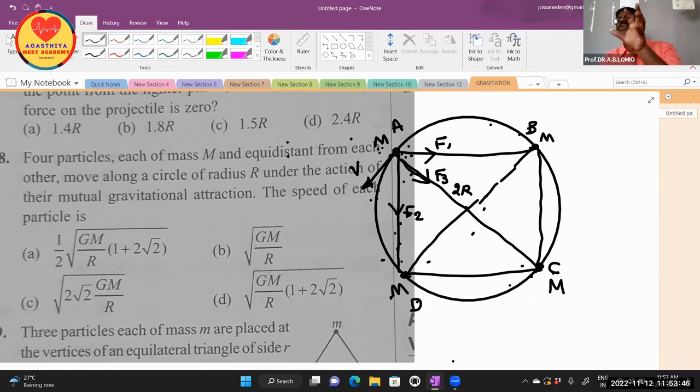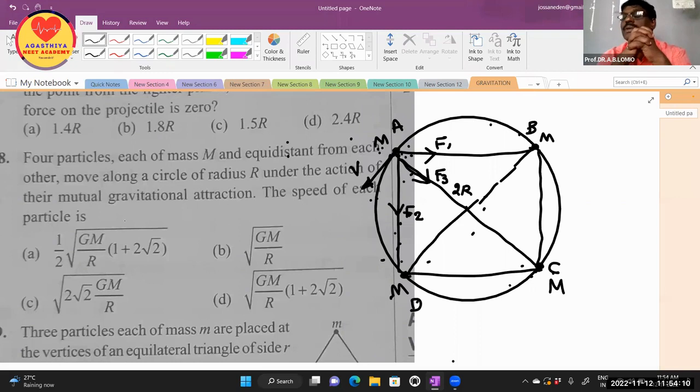We have to find out the total force acting on the mass. After that, the total force is equated with the centripetal force. As I said earlier in the previous class, the force of attraction is equal to the centripetal force. After finding the total force, that force is equated with the centripetal force.